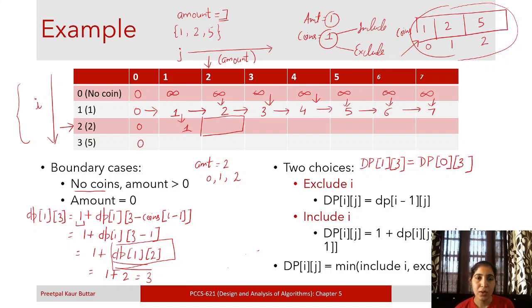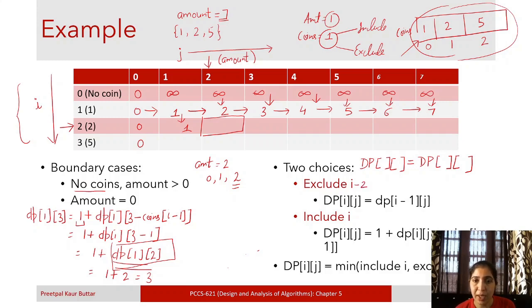Now you can use the 2 rupee coin or you can not use the 2 rupee coin. Exclude 2 or include 2. Let us see what happens when I exclude 2. I do not pick 2. When I do not take 2, here i is 2.